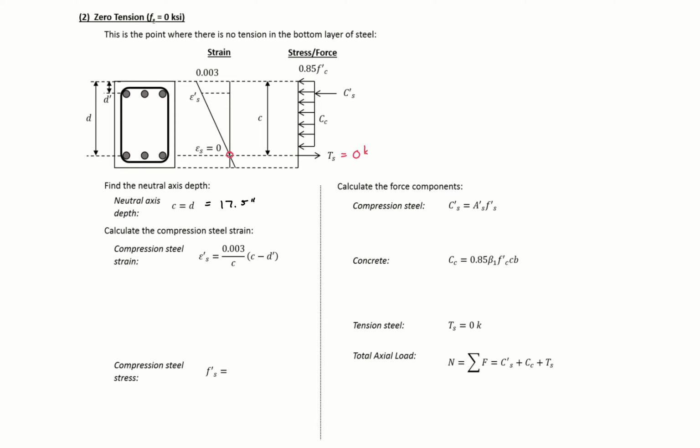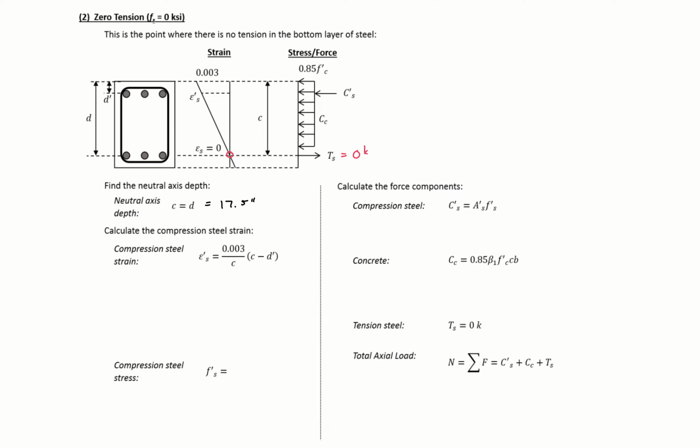We can use this neutral axis depth then to find our compression steel strain, our compression steel stress, and our compression steel force, and then our concrete force components. So we'll start with our compression steel strain.